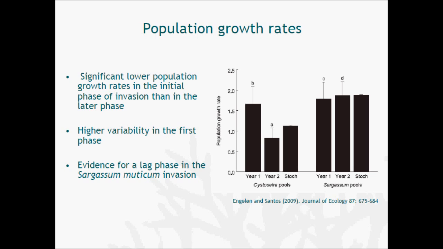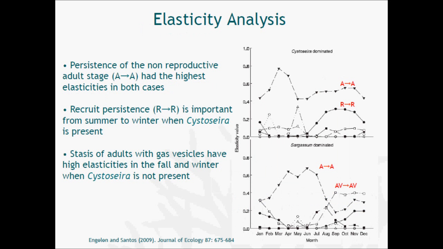So when it eradicates the native species, it grows much better. This is interesting because there's a theory about invasive species: do they have a lag phase or not? Do they adapt to the local conditions or not? So there's some evidence for a lag phase in this invasion.